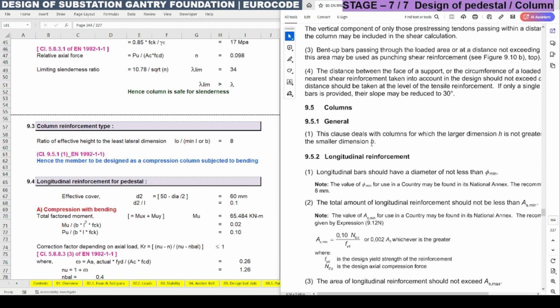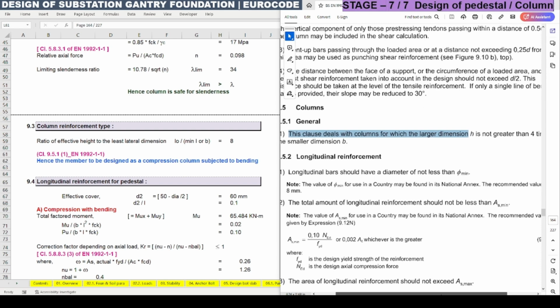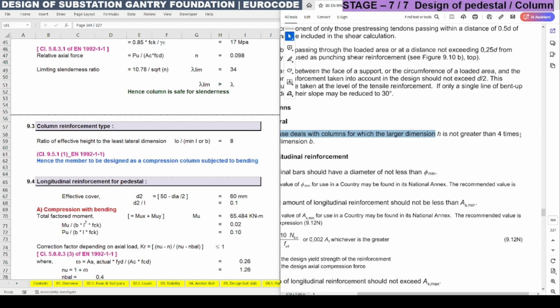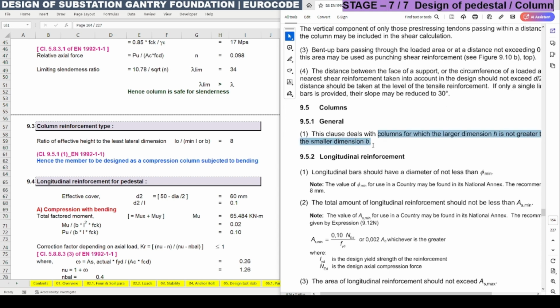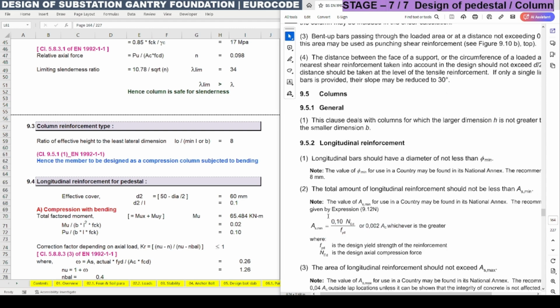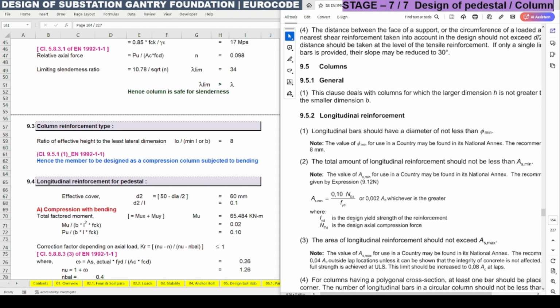So here it is mentioned that this clause deals with the column for which the larger dimension h is not greater than 4 times the smaller dimension. It means for longitudinal reinforcement, which is mentioned here in clause 9.5.2, we need to do as a minimum reinforcement. A s,min. This equation we need to apply in order to find out the reinforcement.